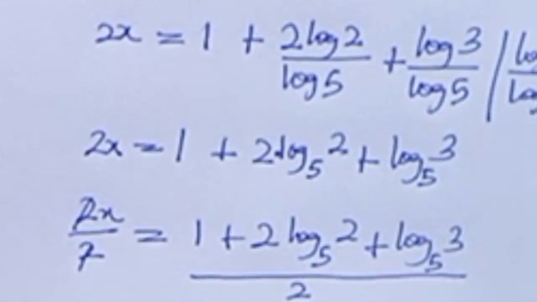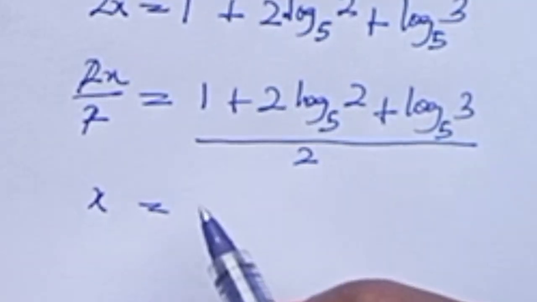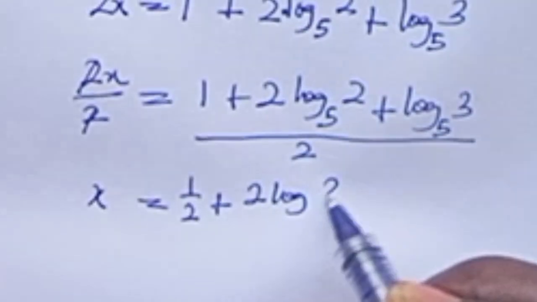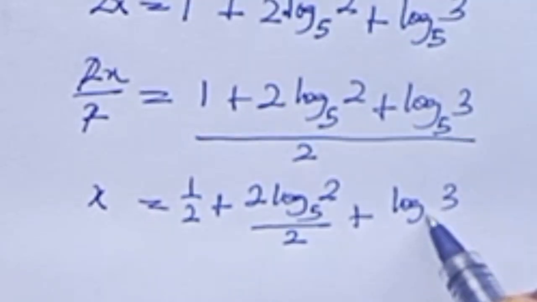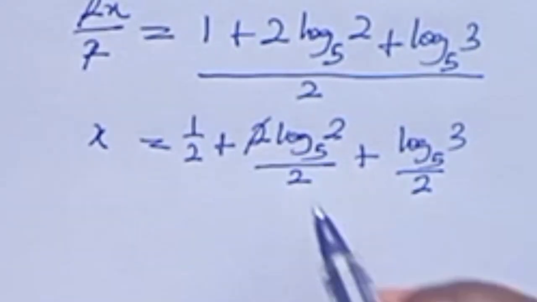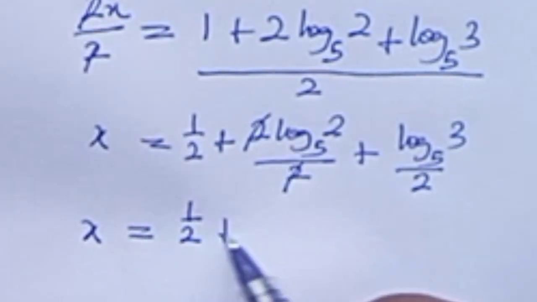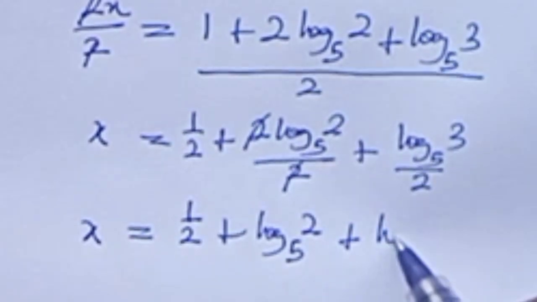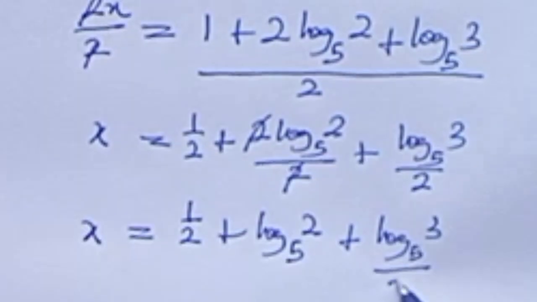Here, 2 will cancel 2. What is left is x equal to, writing them in different fractions, 1 over 2 plus 2 log 2 base 5 over 2 plus log 3 base 5 over 2. And of course, 2 will cancel 2, and x will finally be left with 1 over 2 plus log 2 base 5 plus log 3 base 5 over 2.